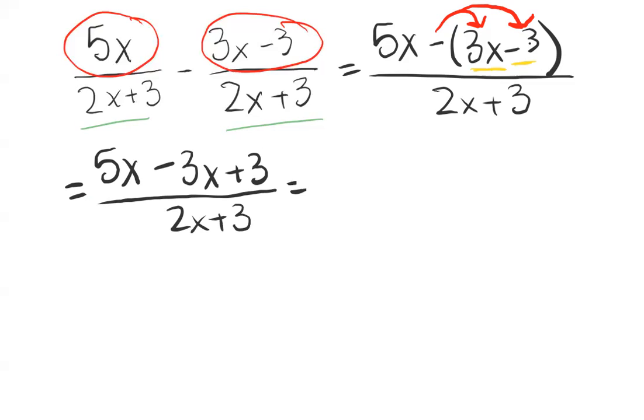Now we're going to combine like terms like we did in that second addition problem. So these x's will be combined, and there's nothing else for us to combine, so that'll just be it. So 5x minus 3x is equal to 2x. And then that'll be plus 3.